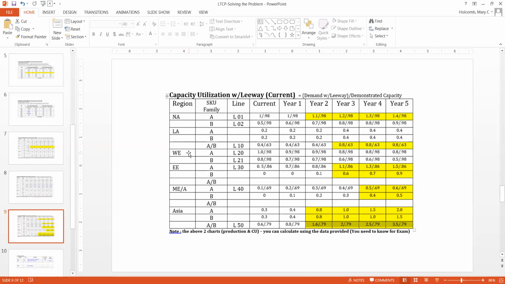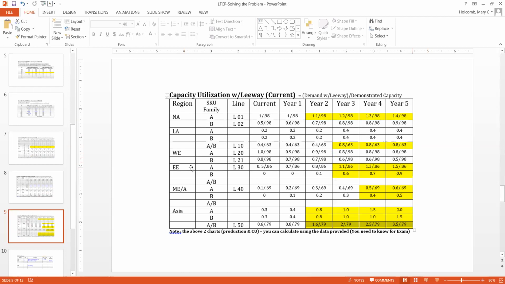You'll notice here that Western Europe doesn't need anything done at all, because we never reach a state where we have more demand with leeway than we have capacity. Even in our projected year 5, we only have demand with leeway forecasted of 800,000 cases, and we still have the ability to produce 980,000 cases. So we're in good shape in terms of Western Europe.